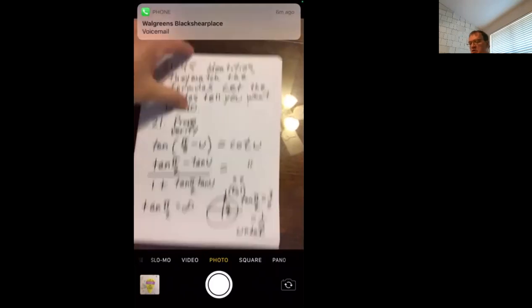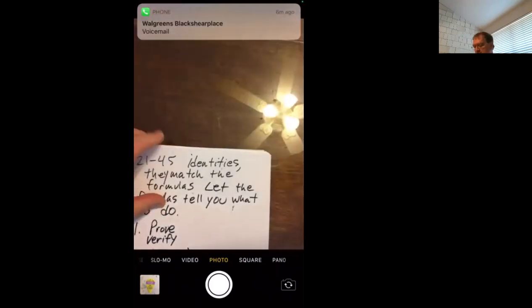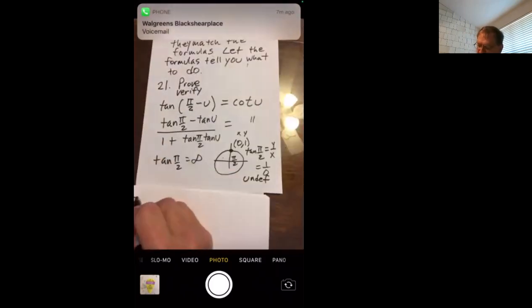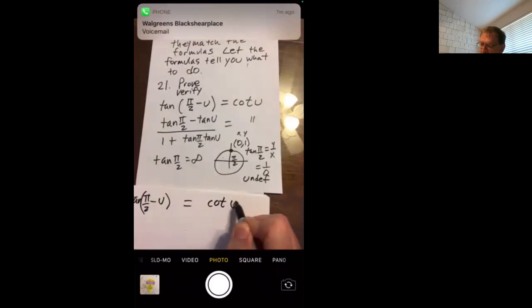Okay, so you've got to back up on this one and realize that tangent of pi over 2 minus u is equal to cotangent of u, and write it as sine of pi over 2 minus u over cosine.